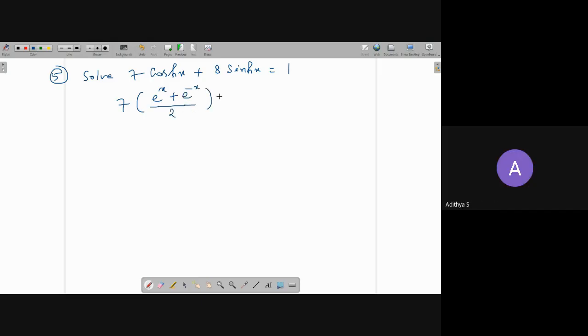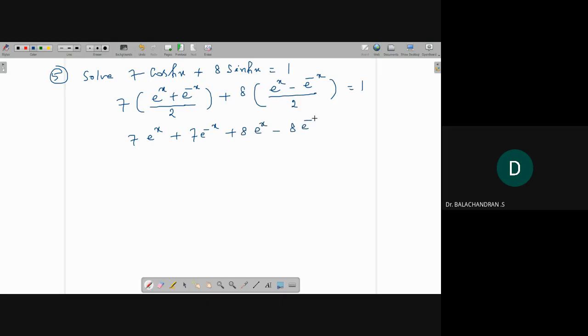So plus 8 into sin hx, which is e power x minus e power minus x by 2, equal to 1. So now you can cross multiply by 2, and you'll get 7 e power x plus 7 e power minus x plus 8 e power x minus 8 e power minus x equal to 2.